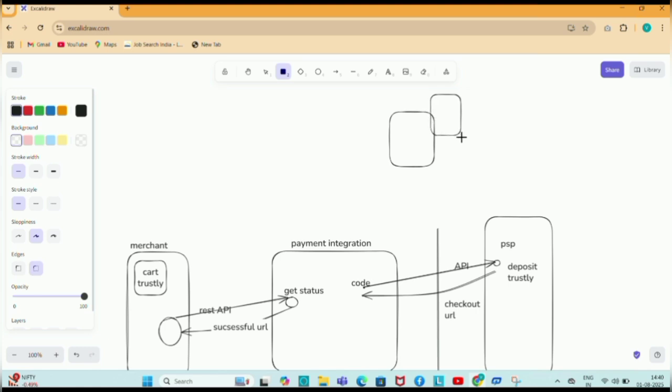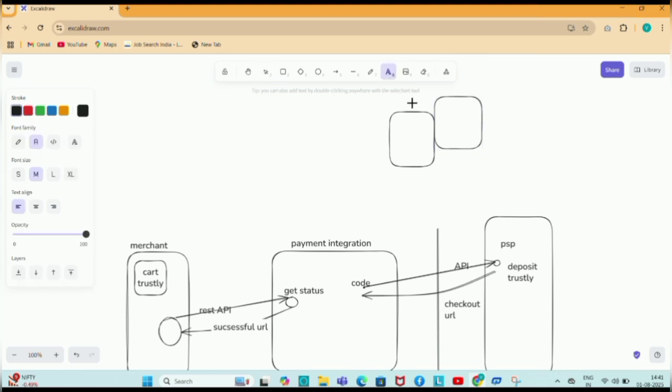Here we get a success message. It is on a bank page. Here we log in to the bank. Here we get a success.